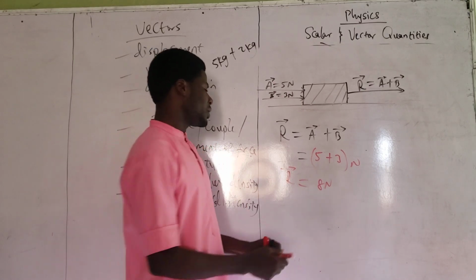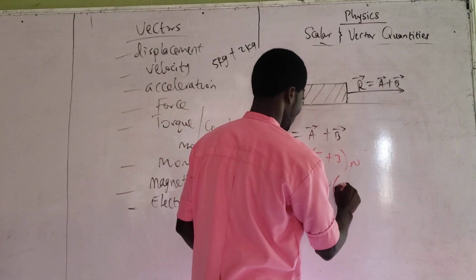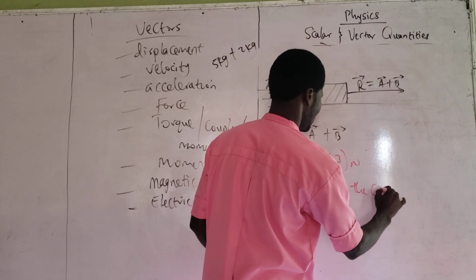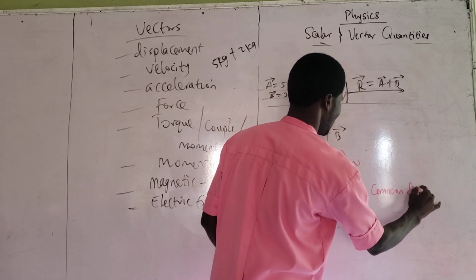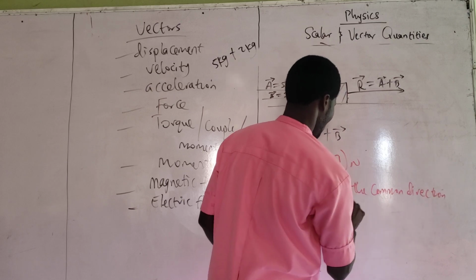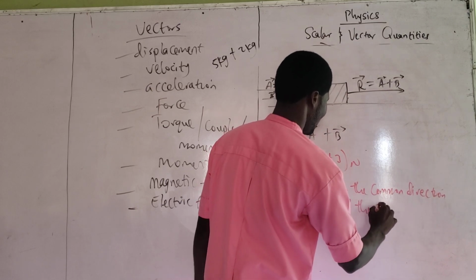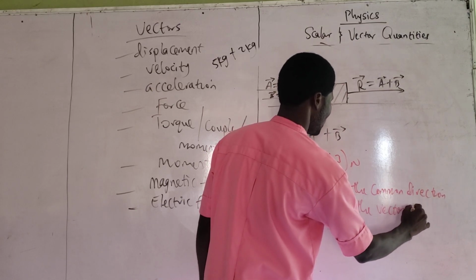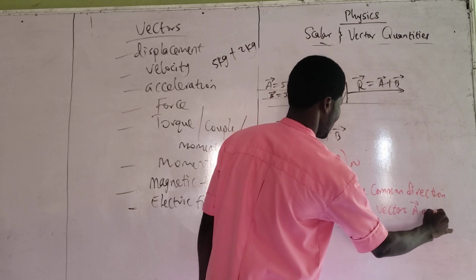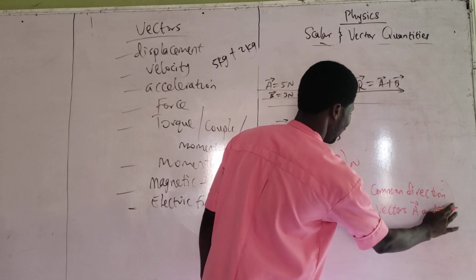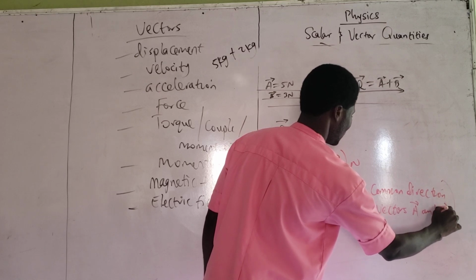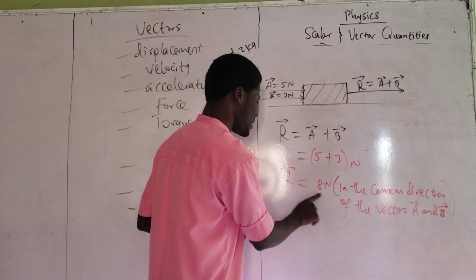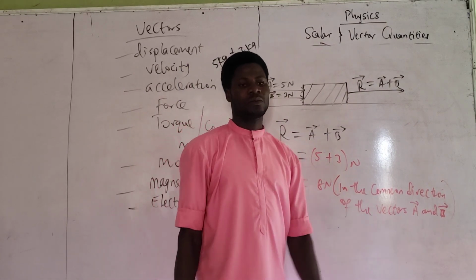And what will be the direction? In the common direction of the two factors. Of the factors A and B. So this is a complete answer now. You've given us the magnitude, you've talked about the direction.